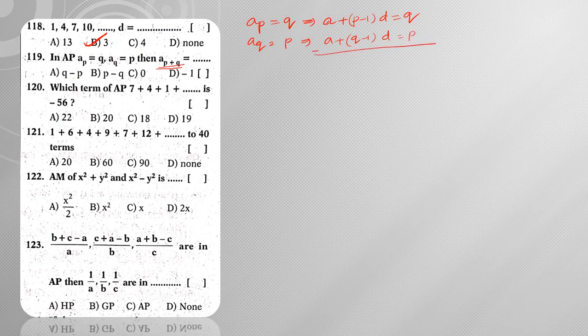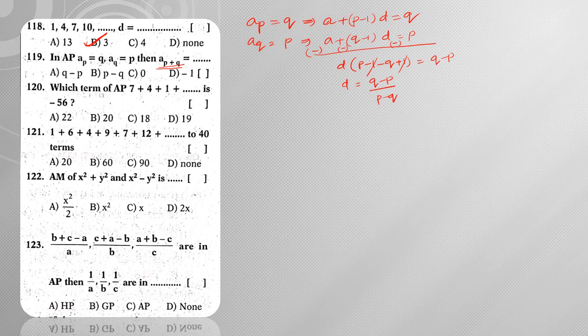Now when I do subtraction, this a minus a will get cancelled. Next, (p minus 1) into d minus (q minus 1) into d. If I take d as common, then what am I going to have? (p minus 1), and since I am doing subtraction, the signs will change: p minus 1 minus q, minus of minus 1 is plus 1, is equal to q minus p. Now if you observe, minus 1 plus 1 gets cancelled. So d is equal to (q minus p) by (p minus q).